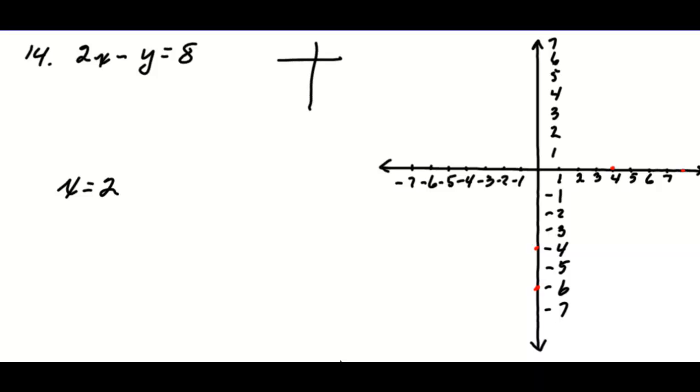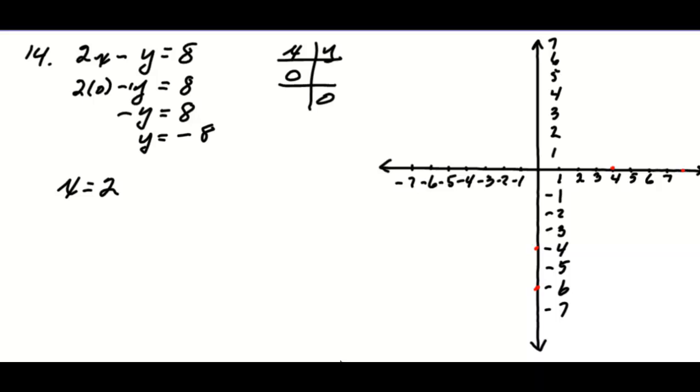Setting up for the first one, x, y, 0, 0. If we have 2 times 0 minus y equals 8, if you have minus y equals 8, you would divide both sides by minus 1, or you could just change the sign. Makes a positive y, makes that a negative 8.